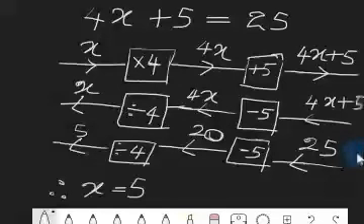Right. So what are the steps when you solve using these flowcharts? First of all, you should create this equation, the left hand side of this equation.